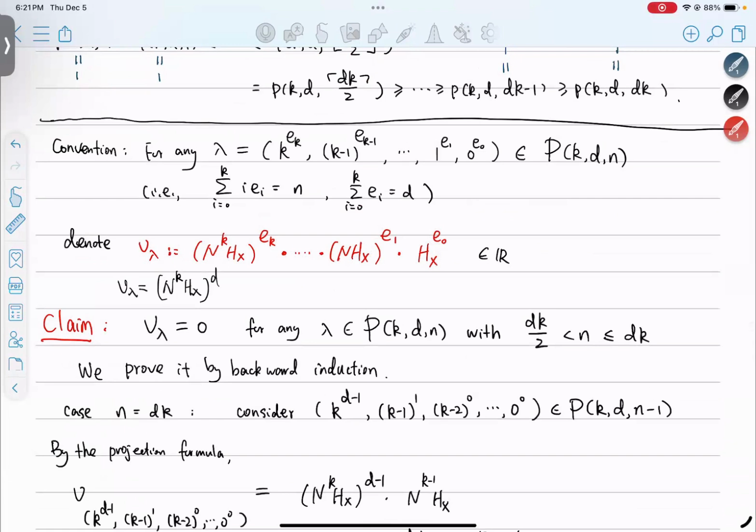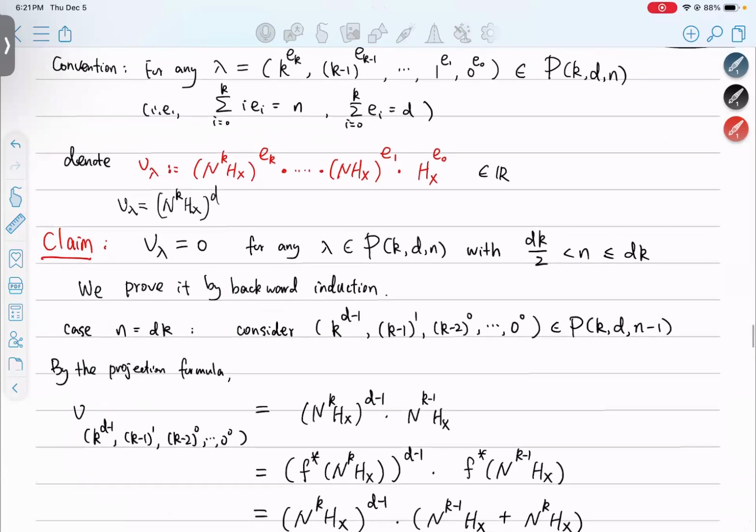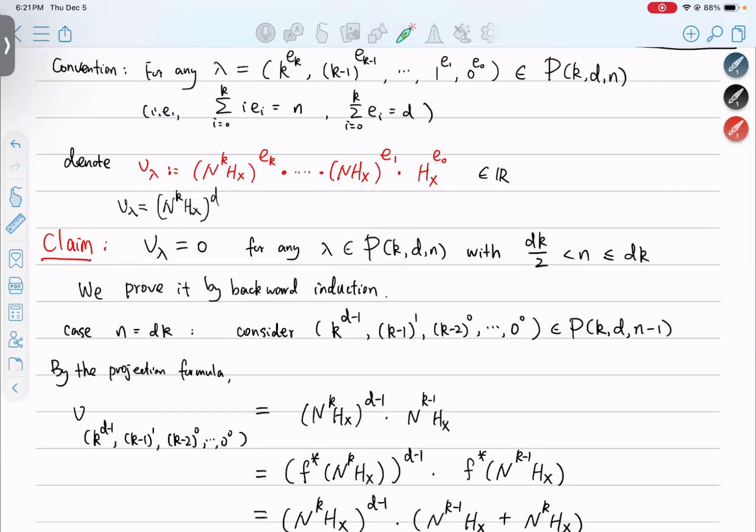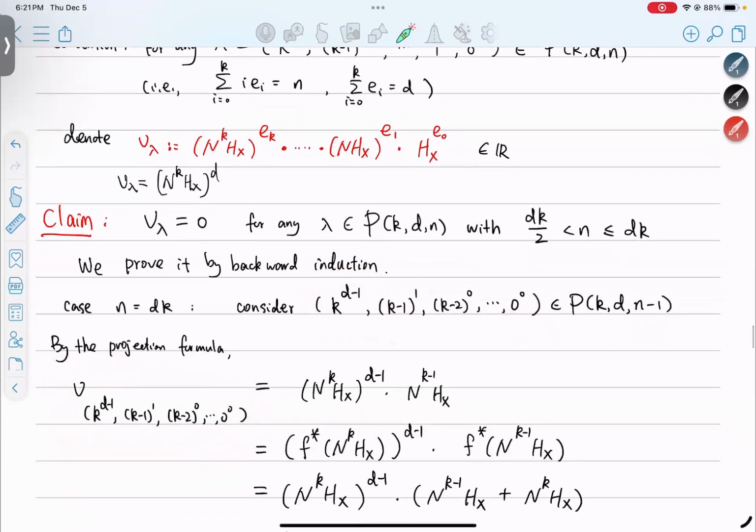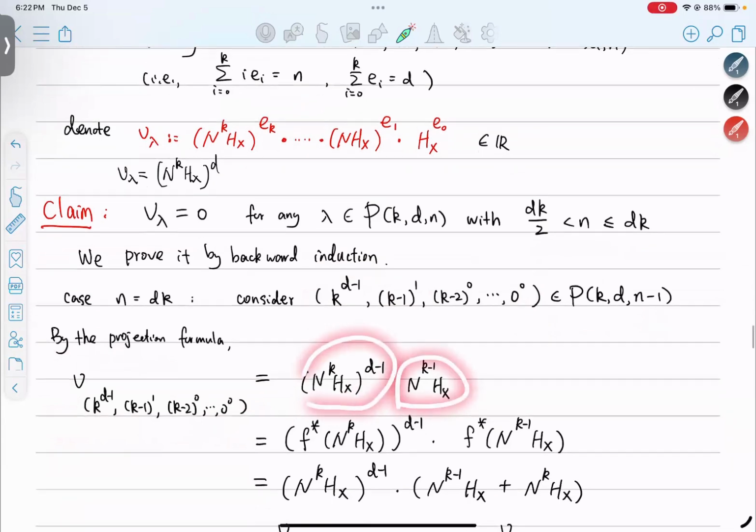To show this number is 0, just like the example I gave before, we consider another integer number corresponding to another partition in P(k,d,n-1). It is actually the product of d-1 copies of n_k hx times n_{k-1} hx. So look at this intersection number.